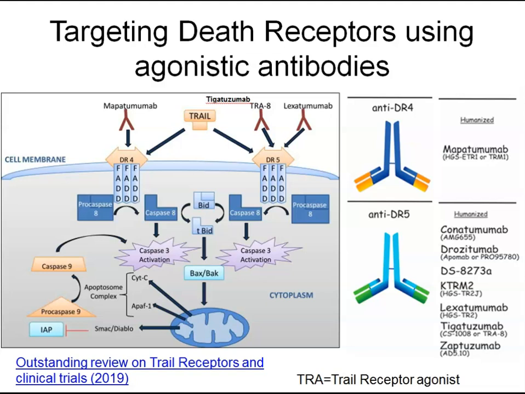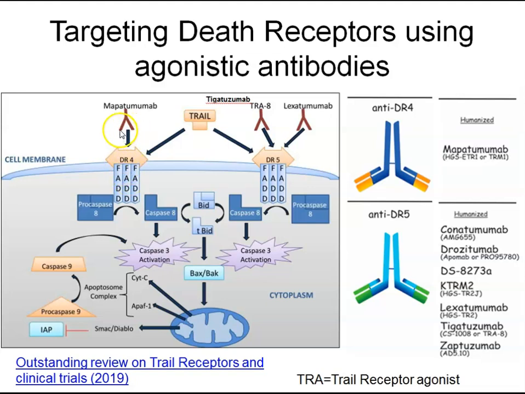So this just shows the way that TRAIL receptor agonists are in use. Now if you think that most antibodies effectively bind to receptors and block receptors, so block ligand binding, these are very different. These are acting as ligands themselves. So death receptors are trimeric. The antibodies seem to help bring together multiple death receptors in close proximity, so act as a cross-linker.